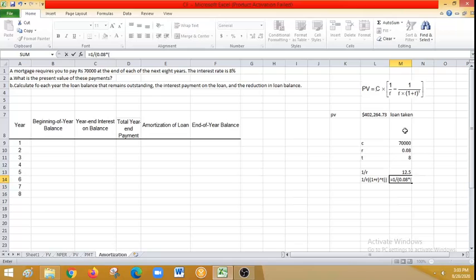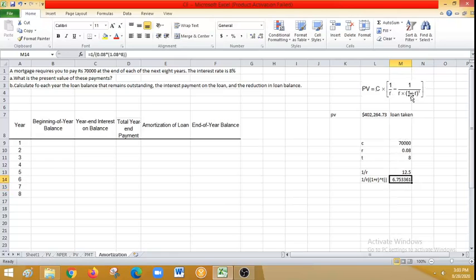So what is 1 plus 0.08? It is 1.08, 1 plus R. What is the time value that I am going to use? The time period is 8. Fine. So I have closed, there is one more bracket to be closed. So the second part, 1 divided by R into (1 plus R) to the power of T, is 6.753. So I am going to finish off this first.